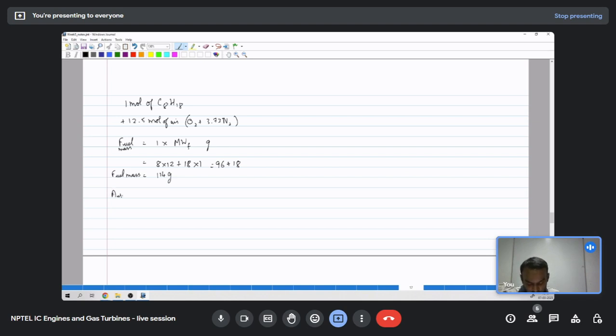So to calculate air mass, we have 12.5 into molecular weight of oxygen plus 3.73 into molecular weight of nitrogen. So this is 12.5, molecular weight of oxygen is 32, plus 3.73 into molecular weight of nitrogen, which is 28.